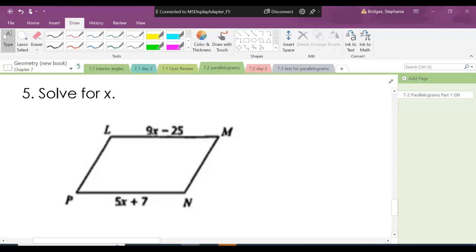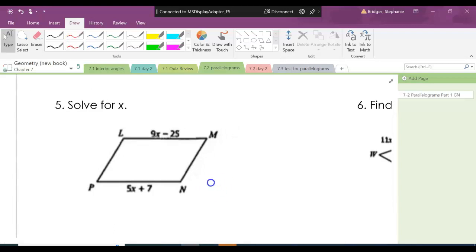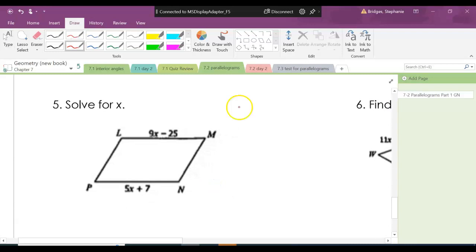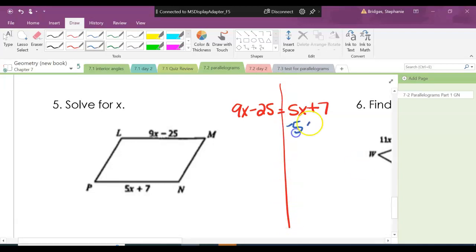All right, so what's my equation going to look like? What's the equation look like? 9x minus 25 equals 5x plus 7. Okay, I like to move my x's first. That doesn't mean you have to, but I'm going to take my smaller x, the 5x, and I'm going to subtract it over to the 9.